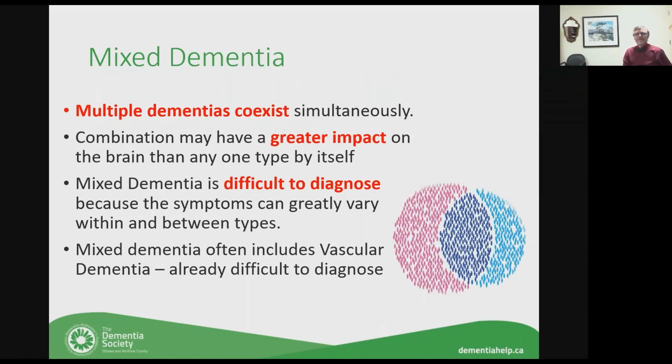So we've talked about some of the single cause dementia types. But remember that when we looked at our pie graph earlier on, a third of dementias are probably mixed. And it makes sense. The older you get, the more likely you are to have multiple different types of failure, right?